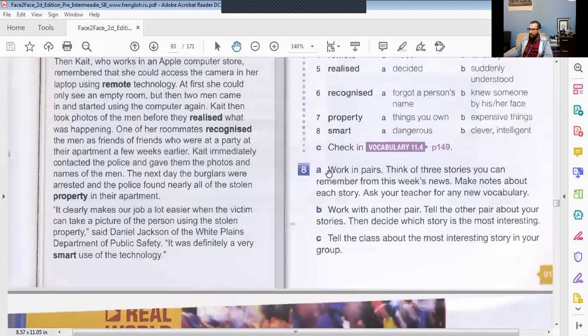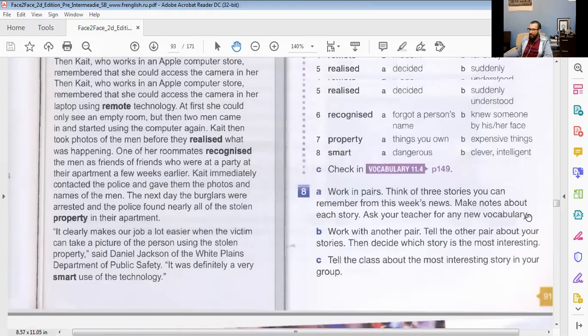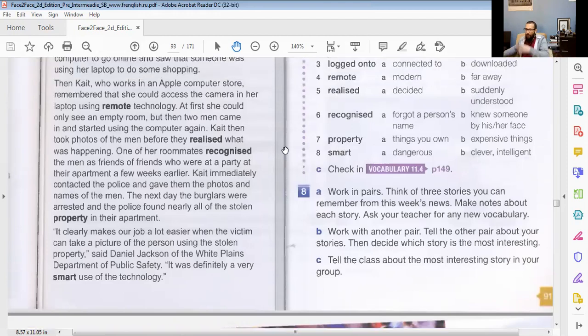Think of 3 stories you can remember, make notes, tell your teacher, blah, blah, blah. I think this is a writing exercise. We can't do it. But okay, let's do it as a speaking exercise. Tell me about any story that maybe you saw on the news, read on the internet, maybe a co-worker at the hospital told you.